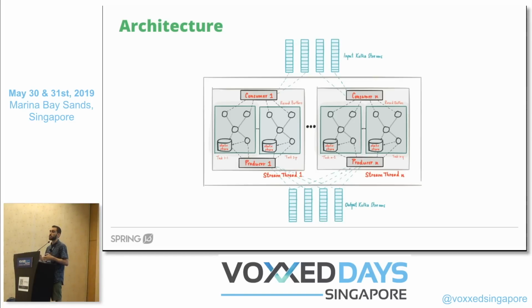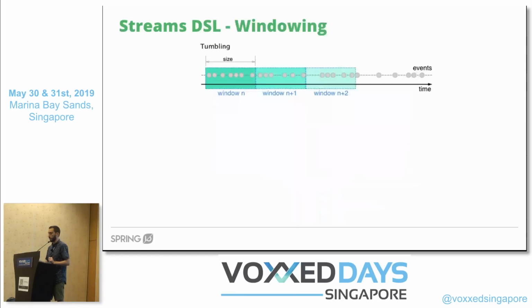If you have used Kafka consumer groups, that's basically how the data is distributed as well. We consume from Kafka, go through the whole topology, and at the end of the day send the data back into Kafka. That's not mandatory, but that's usually how we do it.